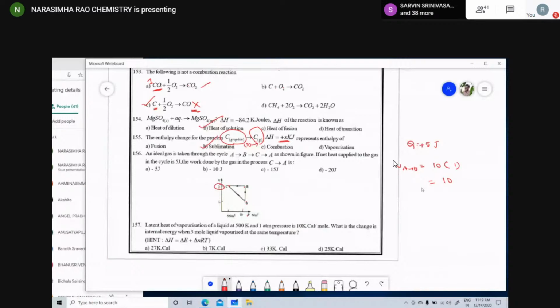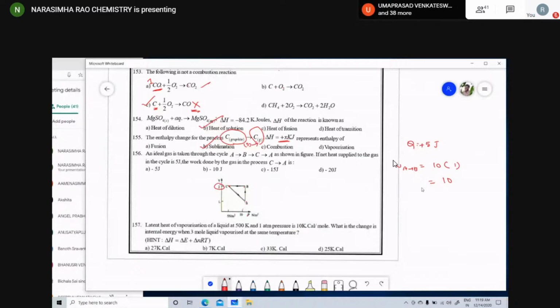Now, the latent heat of vaporization of a liquid at 500 Kelvin and 1 atm pressure is 10 kilocalories. What is the change in internal energy when 3 moles of liquid are vaporized at the same temperature? Now 3 moles of liquid changed to gas. So delta n is equal to 3 minus 0, which is 3.